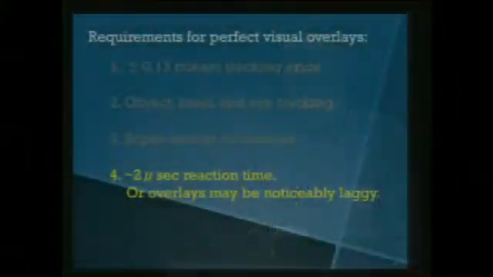So if we want to never fall behind more than 0.13 min-arc, we need to track at 415 kilohertz. No problem. Most cameras are 30 frames per second, but that's okay. We can certainly rely on other tricks. So we need microsecond reaction time, or the overlays may be laggy.